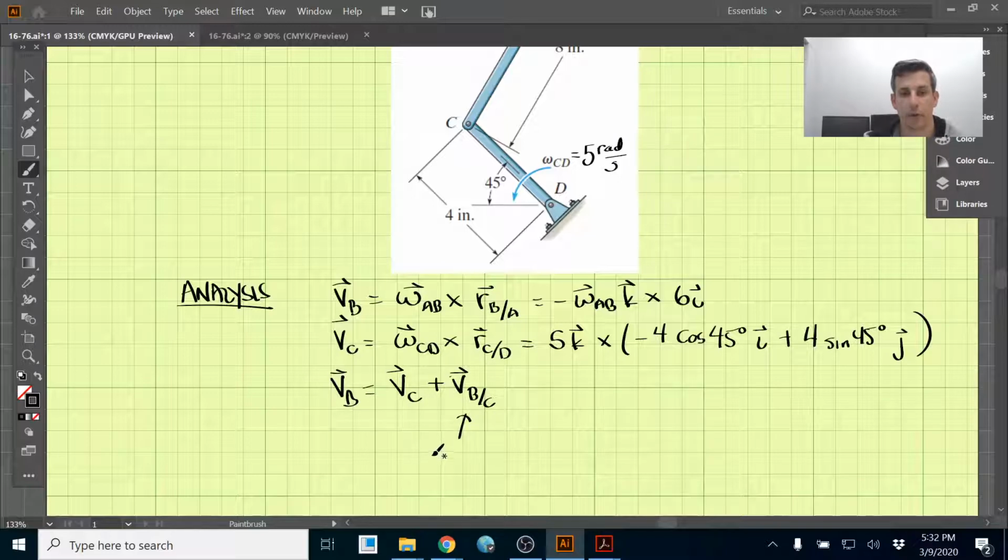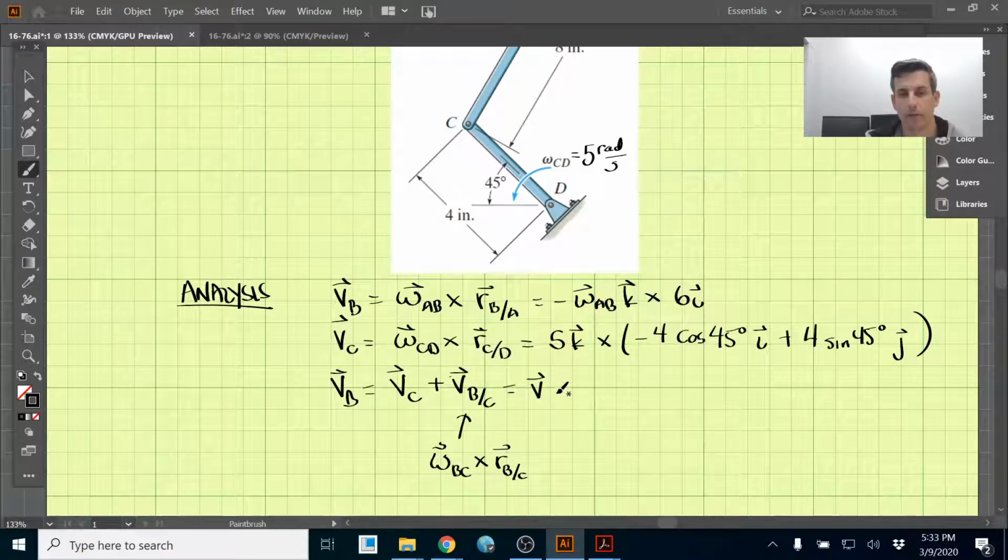And we can write the velocity of B with respect to C as nothing more than omega BC cross r to B from C. Right? We can have that. And we've already have an equation for the velocity of C here.